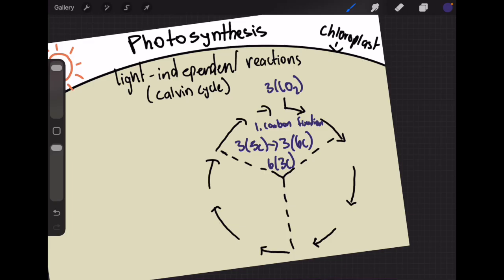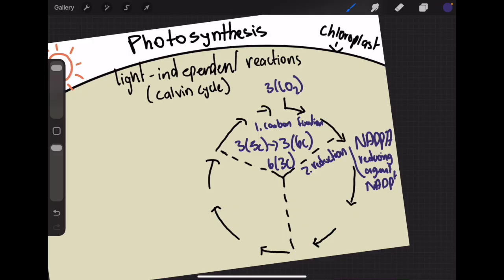Now what happens is that we have our NADPH that we had before, right? We're going to use that, and that's going to be a reducing agent, okay? And I'll show you why. We're going to change that into NADP, which we can again recycle back into the light dependent reaction. So number 2, we have reduction.